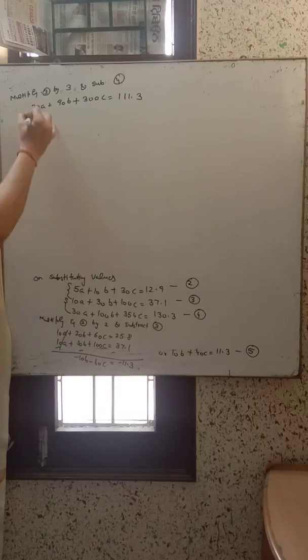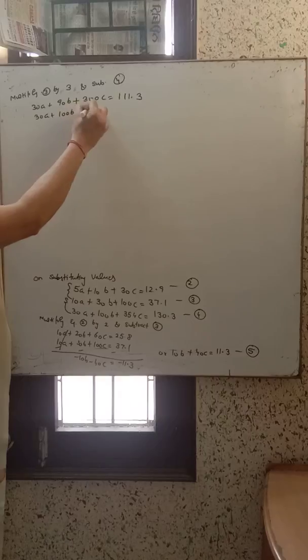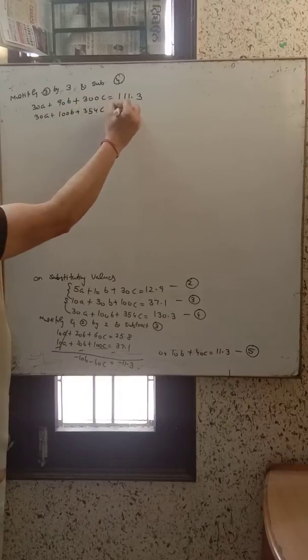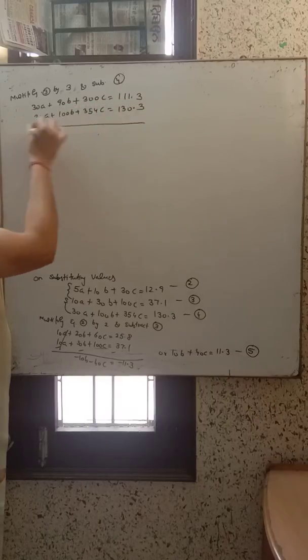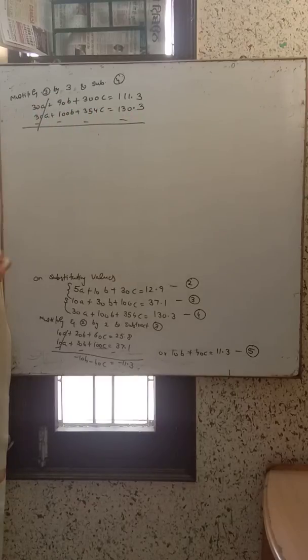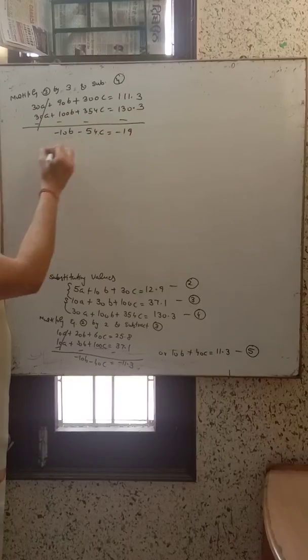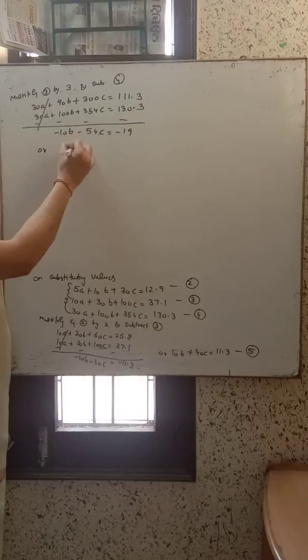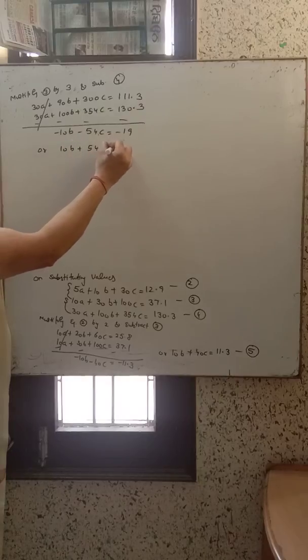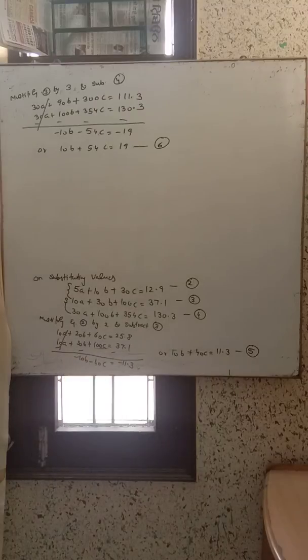And next is 30a plus 100b plus 354c equal to 130.3. On subtracting, we get minus 10b minus 54c equal to minus 19, or we can say 10b plus 54c equal to 19. This is equation number 6.